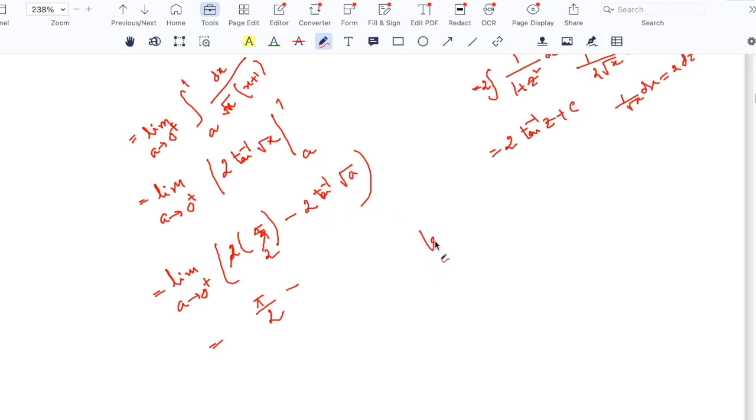We know tan inverse 0 equals 0. So 2 into 0 equals 0, and this equals pi by 2. Therefore the integral has value pi by 2, or we can say the integral converges to pi by 2.